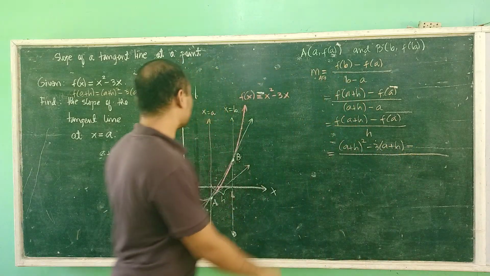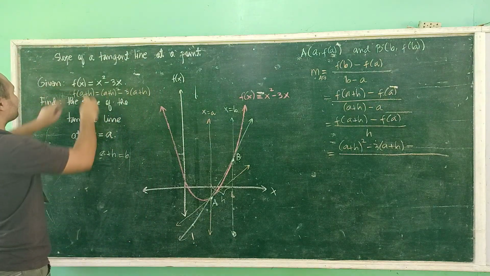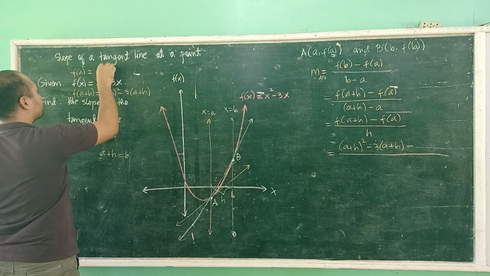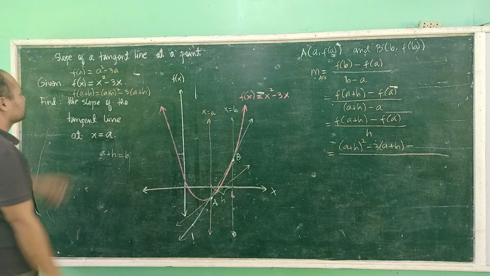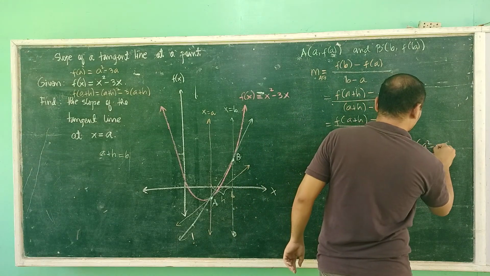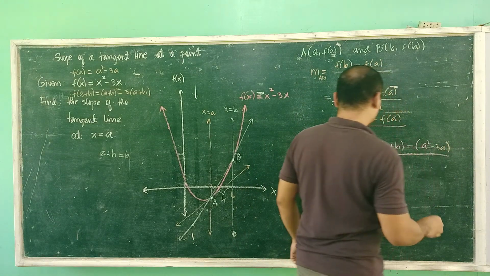And of course, what is f of A? If this is f of x, f of A is just equal to A squared minus 3A. So you have here A squared minus 3A all over h.